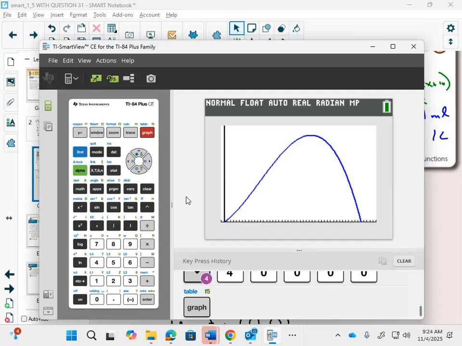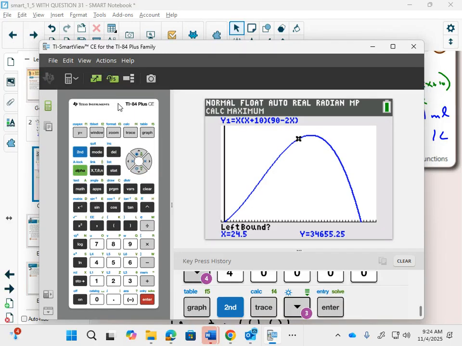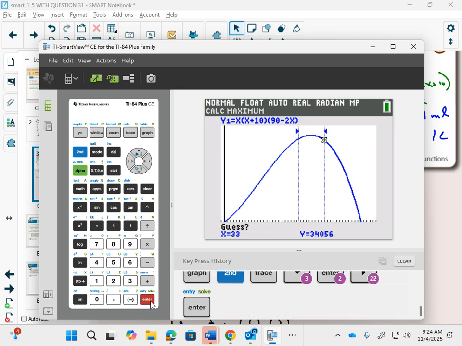And your calculator, if you go second, above the trace button, calculate, lets you calculate all sorts of things from the graph. What we're interested in this time is the maximum. It says, is your cursor to the left side of the maximum, then push enter. Then you can arrow over until your cursor is to the right side and push enter.